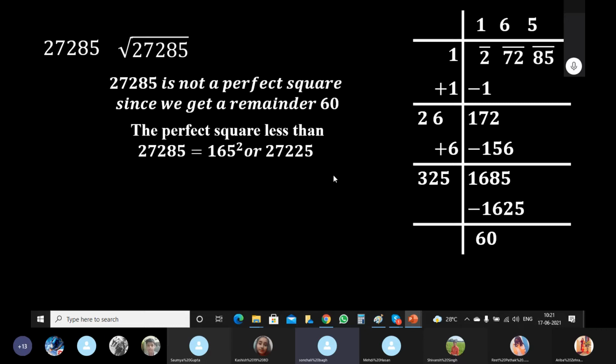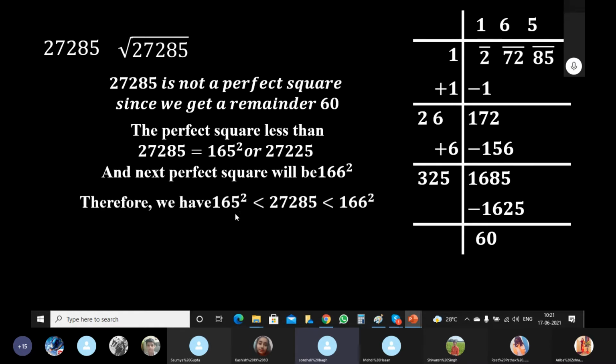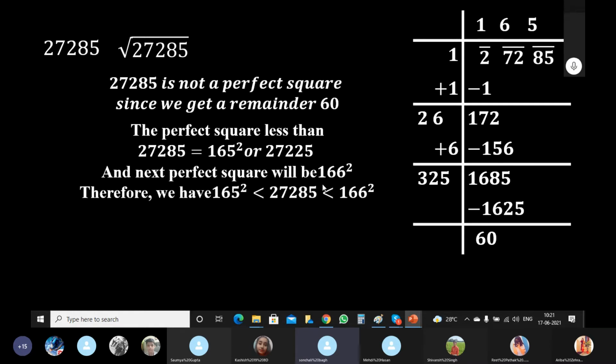If 27285 is not a perfect square, it means it has 60 more than a perfect square. So how much is the square of 165? 27225. So if we check 166, the next perfect square will be 166 squared. That means the number we have is between 165 squared and 166 squared.